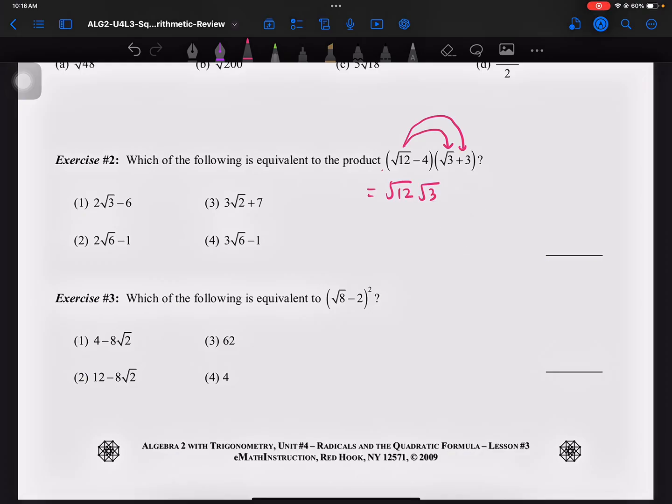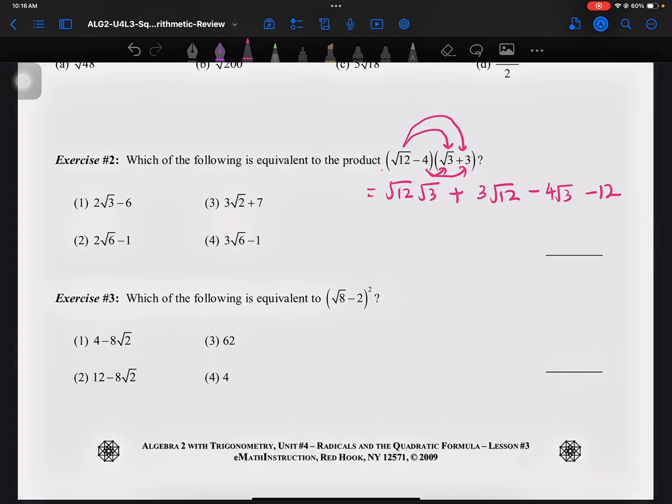Okay, and then plus 3√12. And then this one times this one is minus 4√3. The last one will be minus 4 times 3, which is minus 12.